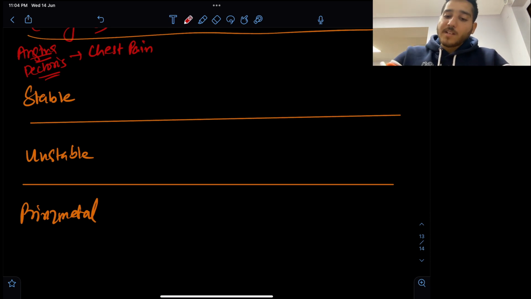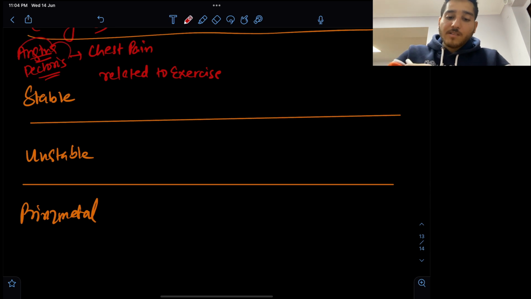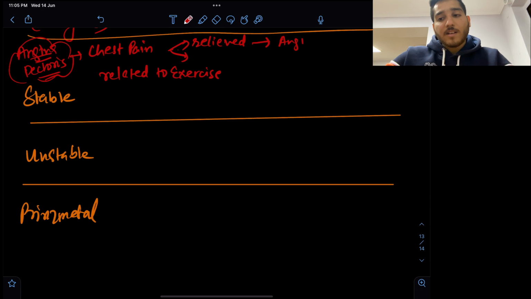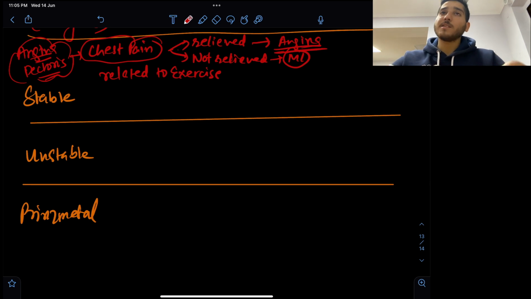If the patient's pain is related to exercise, and this chest pain is usually relieved after some time, then we call it angina only. If this chest pain is not relieved even after 1-2 hours, then we should suspect MI. There will be some different lab values also, so we'll study them.